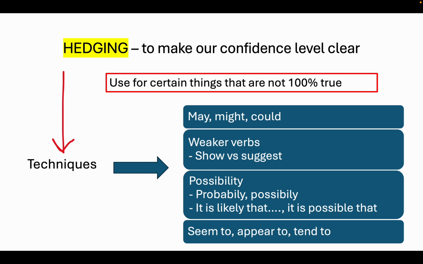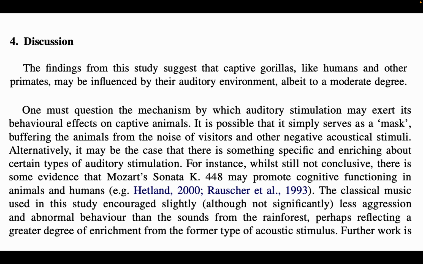Sometimes you are sure about your result, but sometimes you are not sure about your discussion or your interpretation. All right, so another example, when you observe something, you can say seem to, appear to, or tend to.